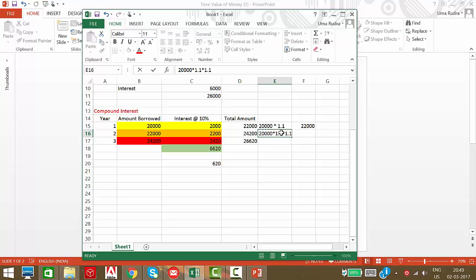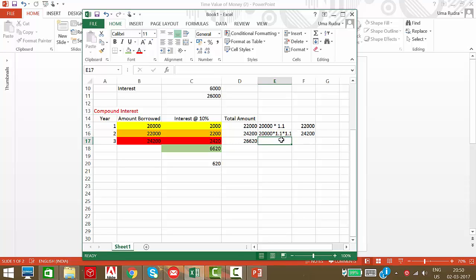So let me put the formula here: 20,000 multiplied by 1.1 into 1.1. I'm getting 24,200. So for the second year, interest plus principal is 24,200.